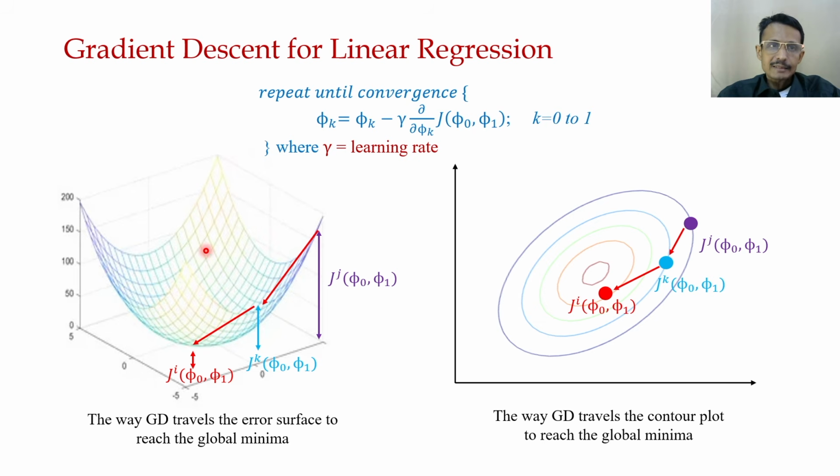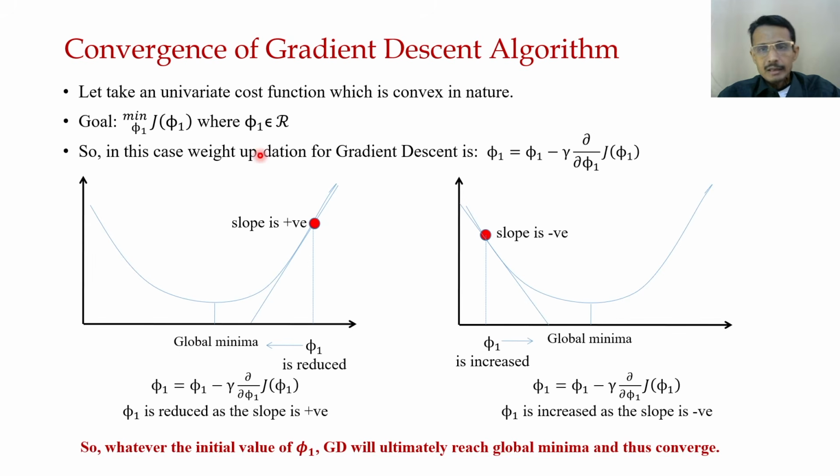This is the visualization of how gradient descent helps linear regression to get such a best fit line.